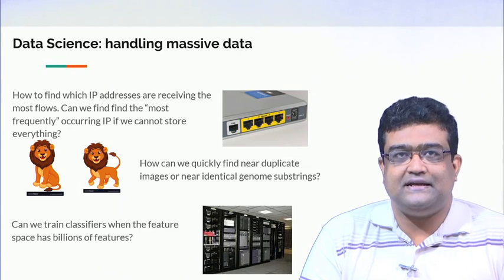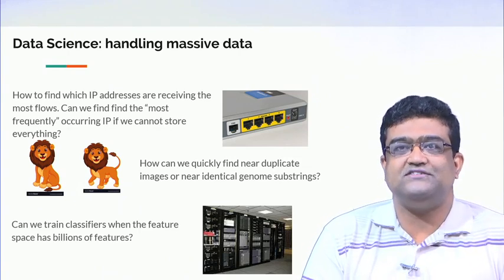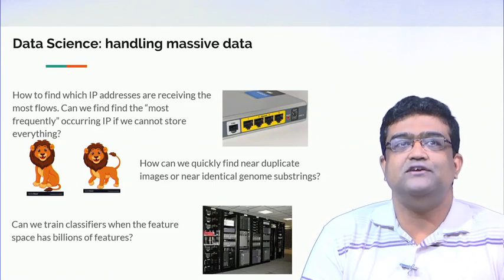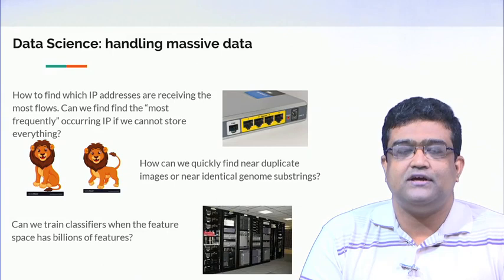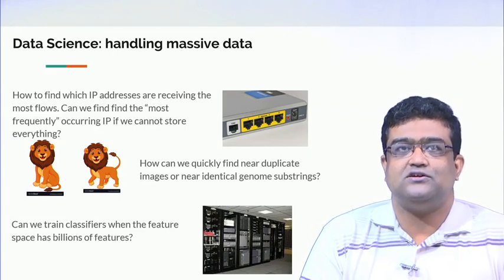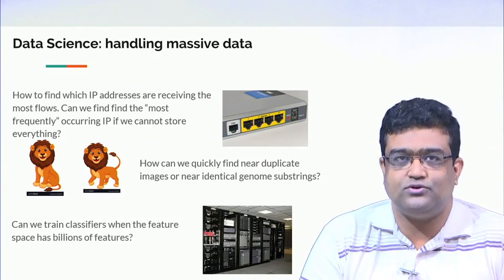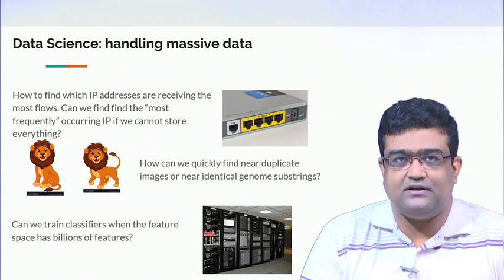Hence, data mining or data science on massive data is a very useful thing to do. However, given the current computing infrastructure, it is not always possible to do so. I will describe 3 sample problems where it may be difficult.